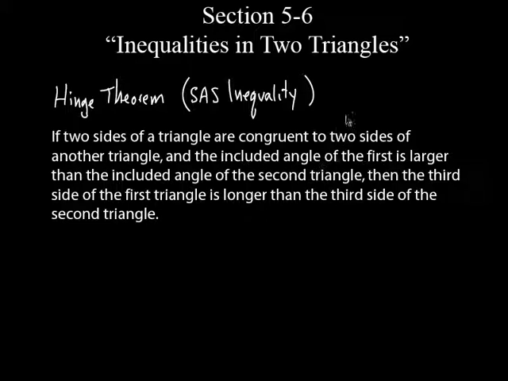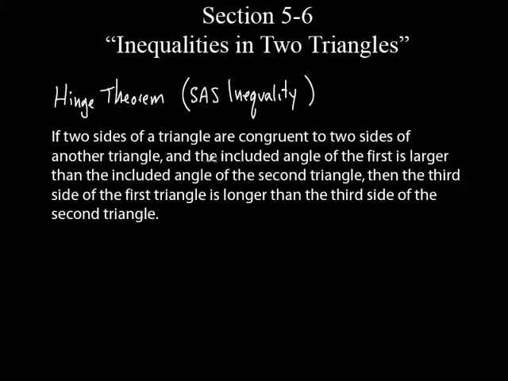The included angle of the first is larger than, oops, that's not good. Sorry about that. I messed something up when I touched those words. Let's try this again, and let's go a different color.